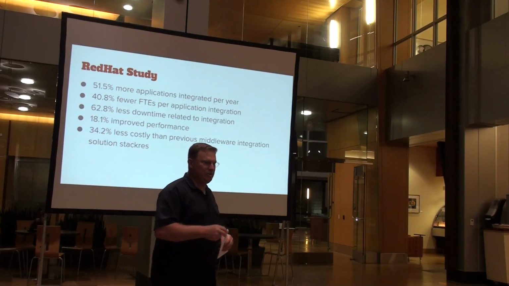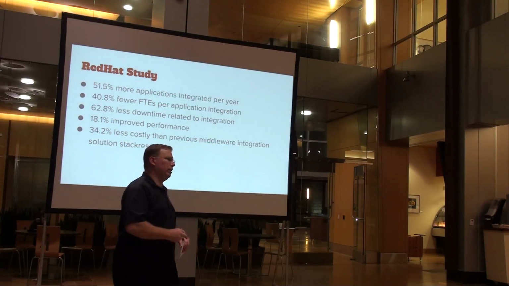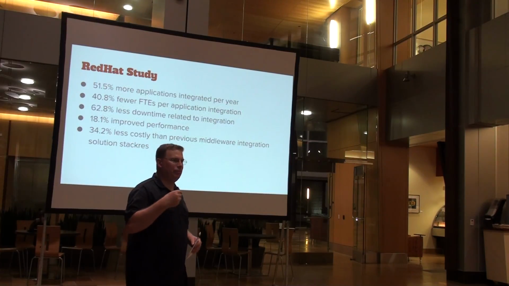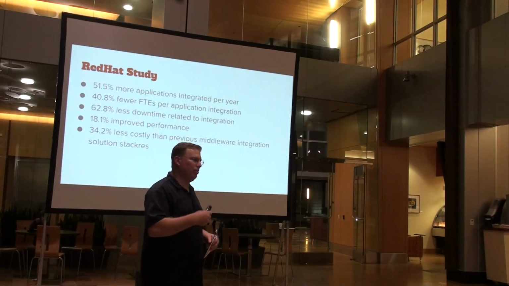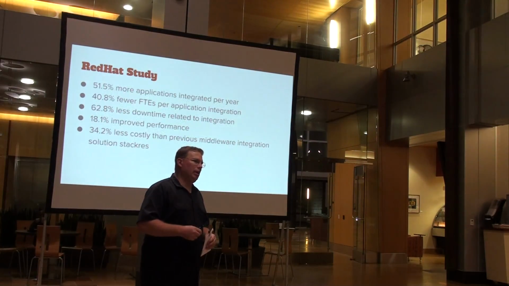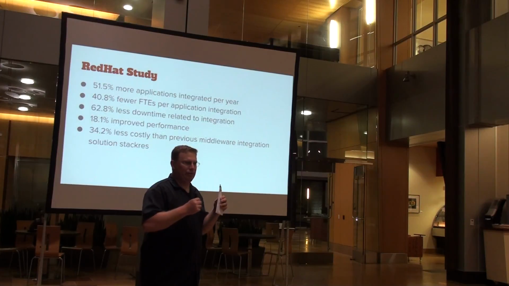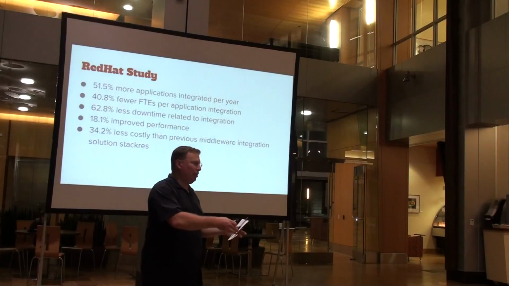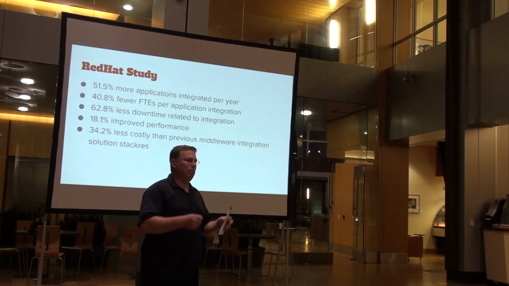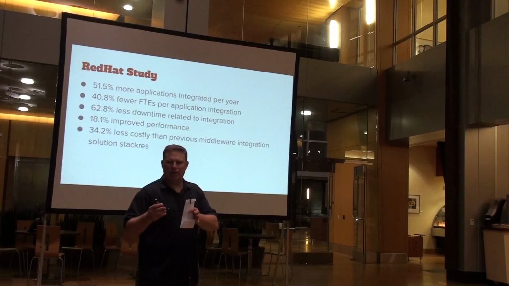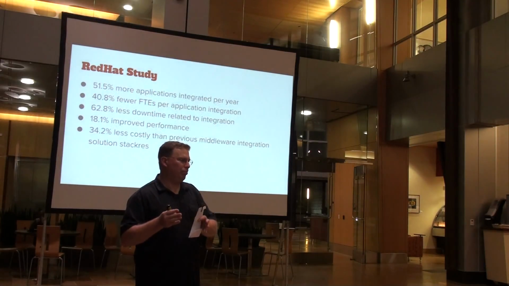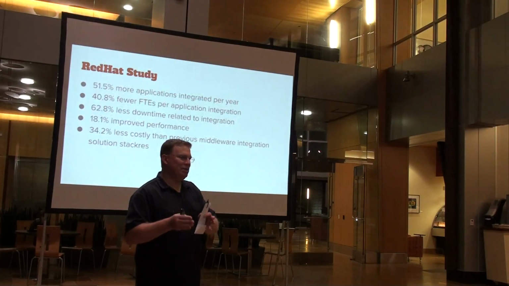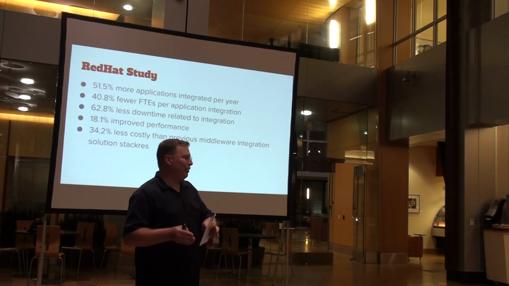And it is 34% less costly than other middleware solutions. So if you work with proprietary middleware, proprietary integration solutions, you find that with most of these vendors, not only are the upfront costs a problem, but the level of support, or really having the product that you need at the time you need it, is very unlikely.